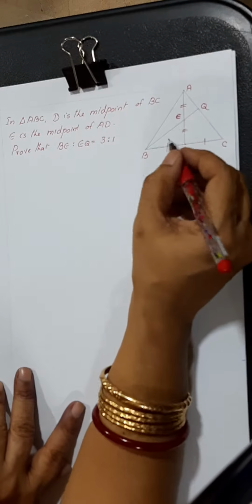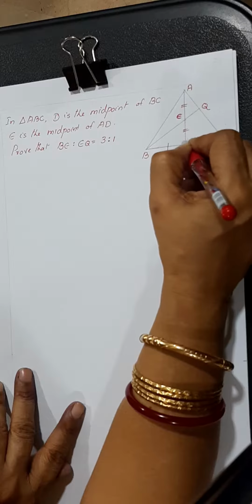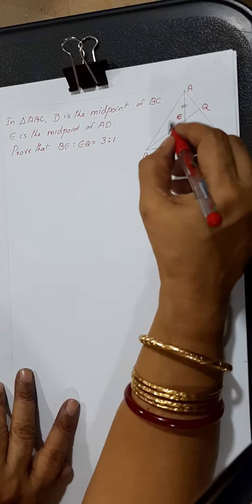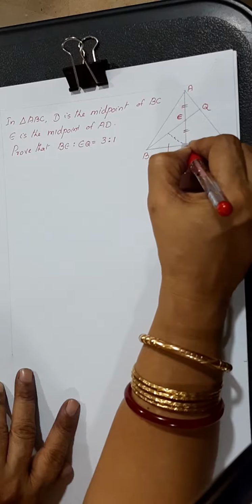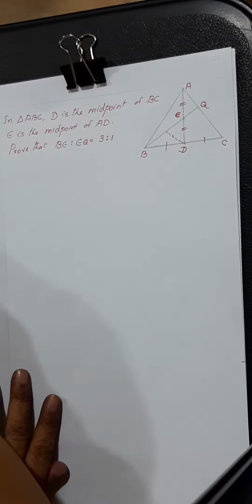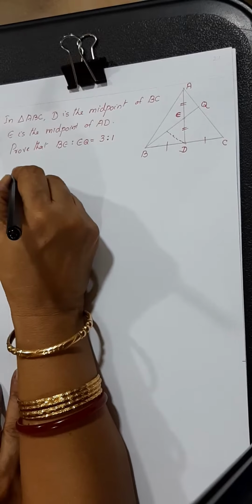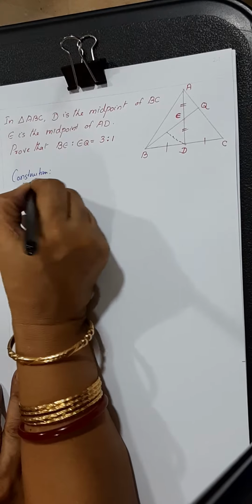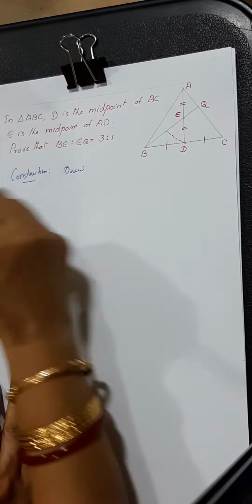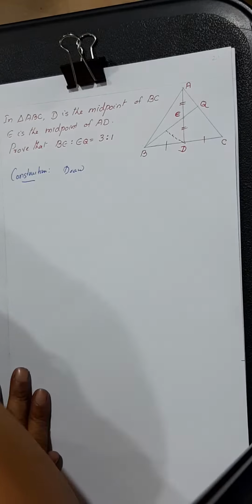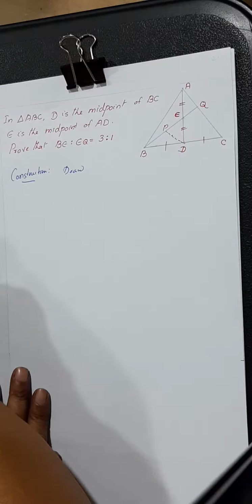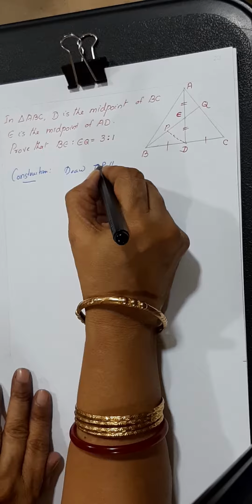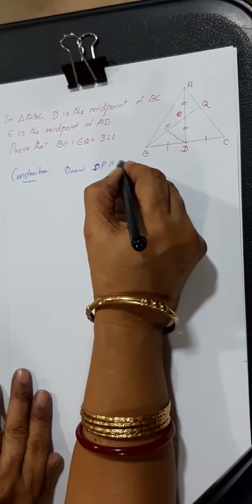So first for this we will draw one line DP which is parallel to AC. So construction is draw DP parallel to AC.